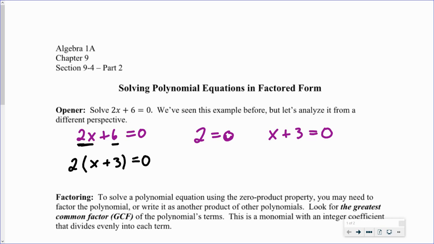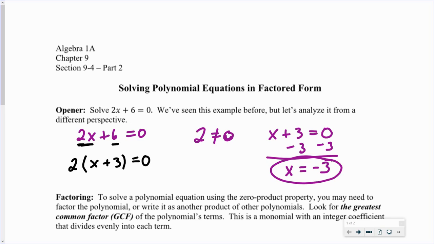Clearly 2 does not equal 0, so we're not going to get a solution from that factor. But x plus 3 could equal 0, so if we solve that equation, we get x equals -3, which is the exact same answer that we got when we solved by subtracting 6 from both sides and then dividing both sides by 2.